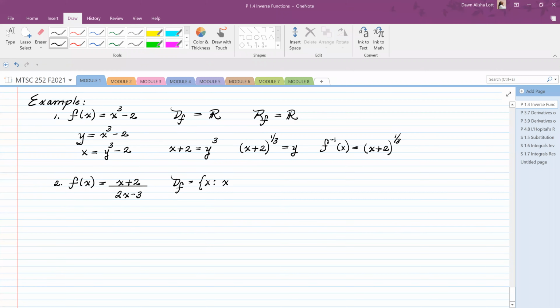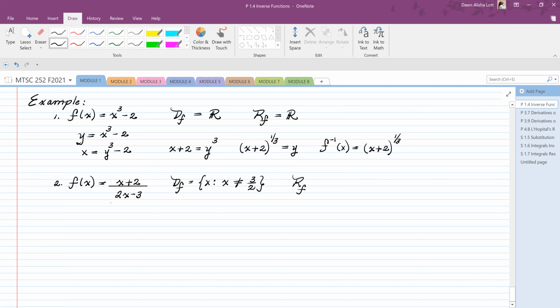What numbers cannot go into that function? -2 can actually go into the function. That just will give me 0. I'm okay with that. But x cannot equal 3/2. You are correct on that. So that's the domain.